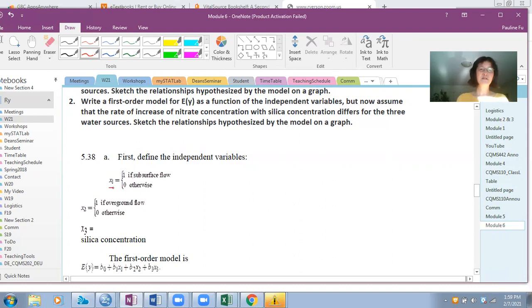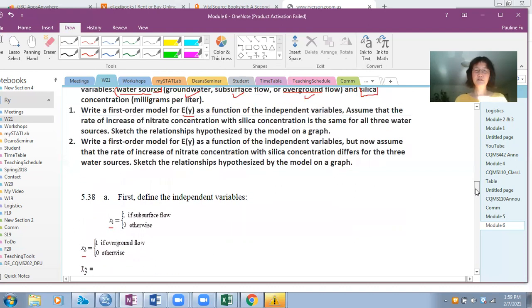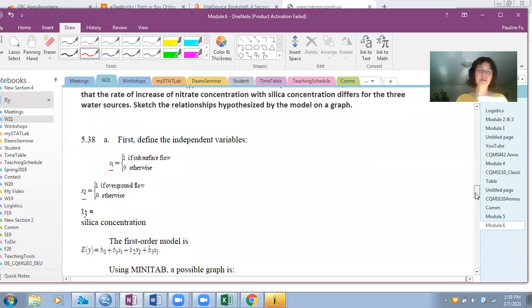One is x1. x1 equal to 1 if it is subsurface flow, x1 equal to 0 if it is not subsurface flow. And x2 is 1 if it is overground flow, x2 equal to 0 if it is not overground flow. So the base level is the groundwater. Groundwater is the base level, which means when x1 equal to 0 and x2 equal to 0, that is the base level.